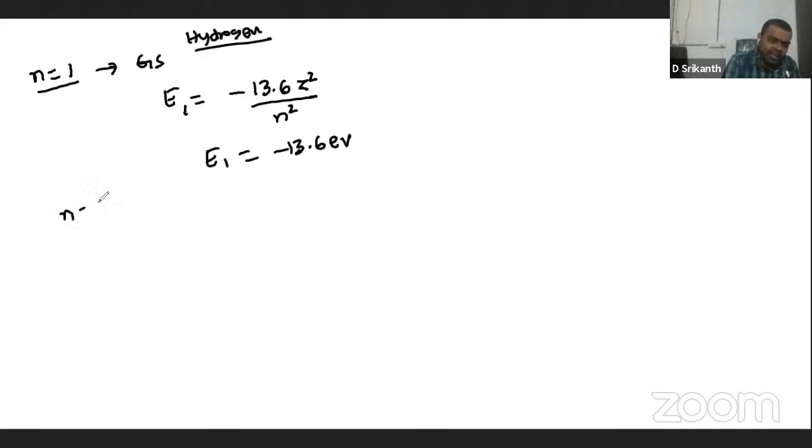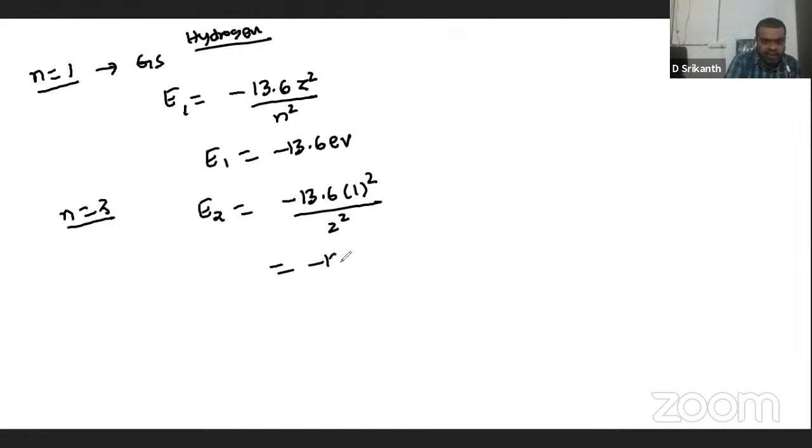For the same hydrogen atom, if the electron is in the second orbit, I can write it as minus 13.6 into 1 whole square by 2 square, that is minus 13.6 by 4, that is minus 3.4 eV.